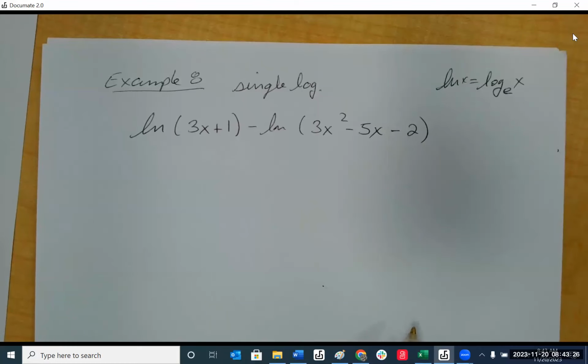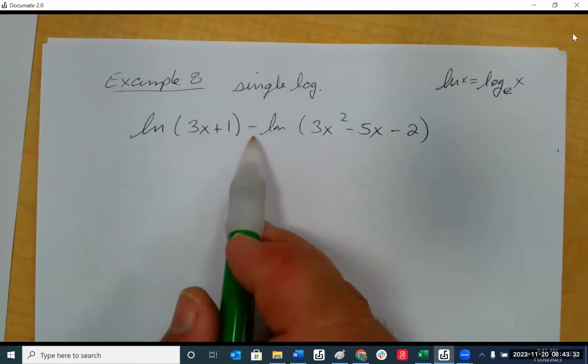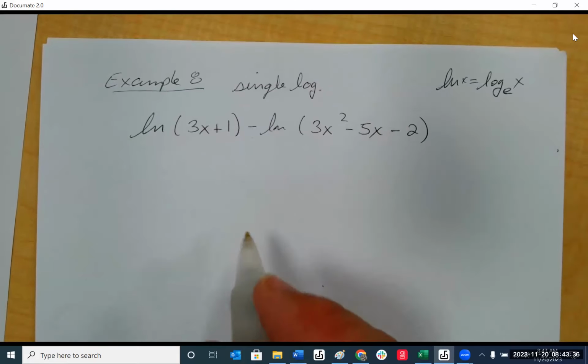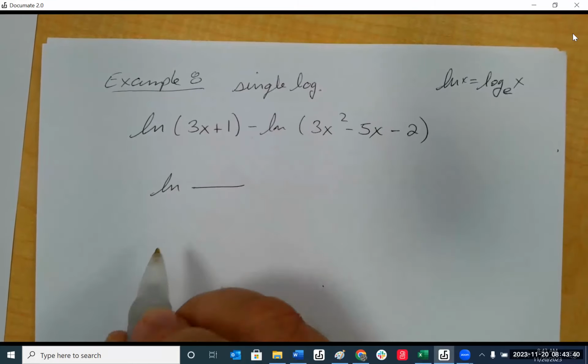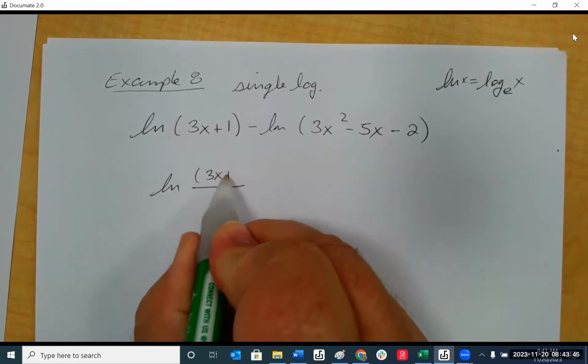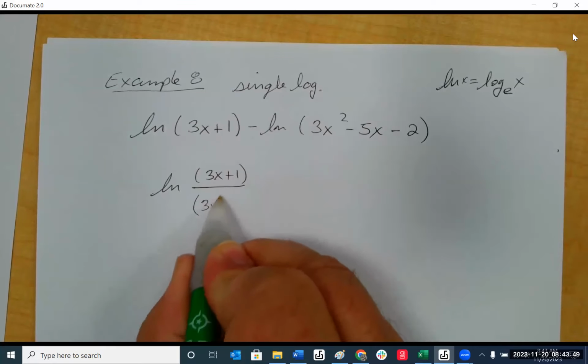What do you notice in front of the logs? What is this one, positive or negative? If you have a negative, automatically that means what? You have a fraction, right? So the ln can be a fraction. Whatever's positive goes on top. Whatever's negative goes on the bottom.